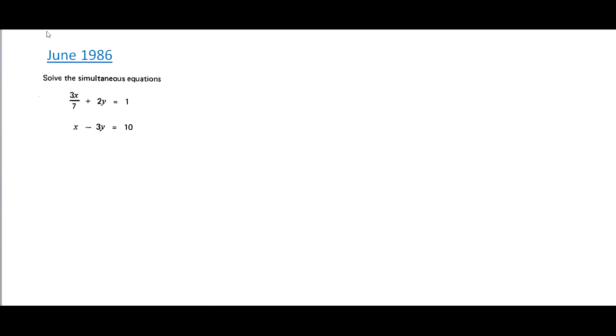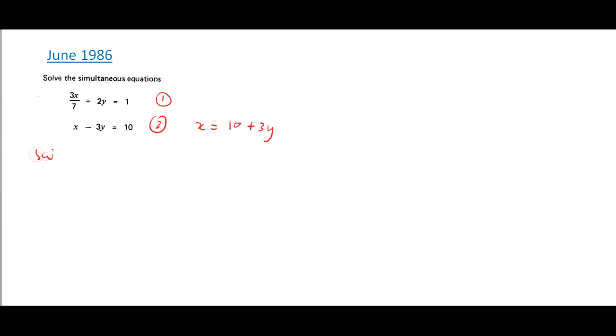And our last example, which is from a really old paper, we have two equations here. So we call this equation 1, call this equation 2. And we can make x the subject in the second equation. We can say x is equal to 10 plus 3y.